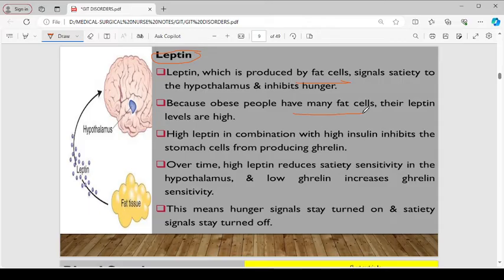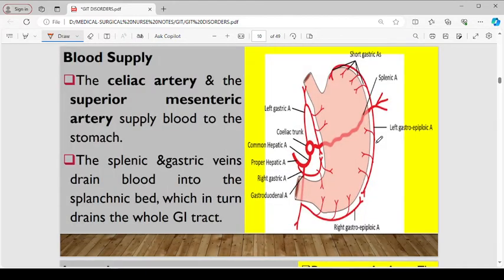High leptin in combination with high insulin will inhibit the stomach cells from producing ghrelin. But over time, high leptin reduces satiety sensitivity in the hypothalamus, and low ghrelin will increase ghrelin sensitivity. So this means hunger signals stay turned on and satiety signals stay turned off.